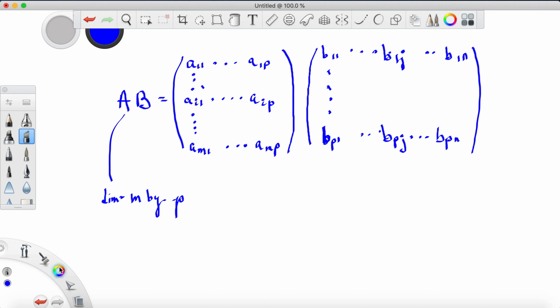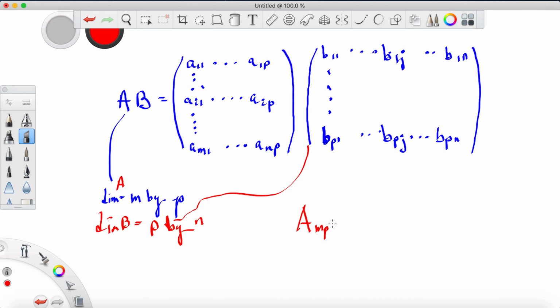Okay, so what's the size or the dimension of this guy? Well, the dimension of B is going to be P by N. Okay, so one way to write this neater is to say that the dimension of A is MP.